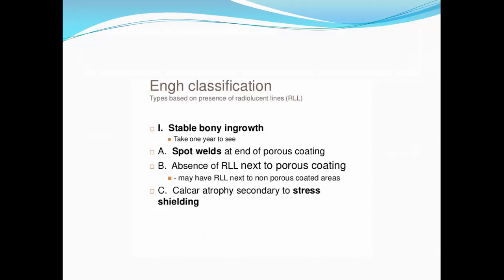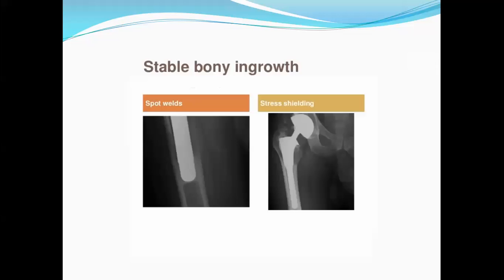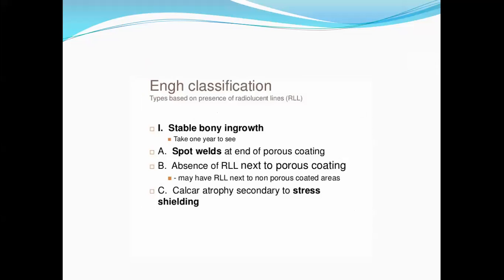There's a classification for the cementless femoral component. It's 3 types. Types 1 and 2 are stable. Type 3 is unstable, starting to migrate. The difference between type 1 and type 2: the first is stable by bony ingrowth, type 2 by fibrous ingrowth.